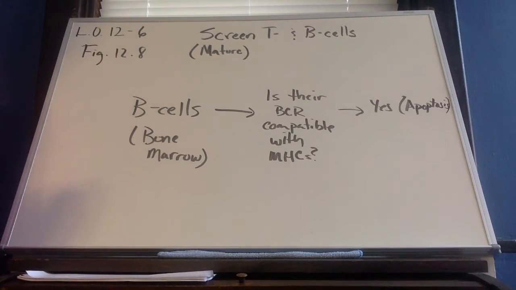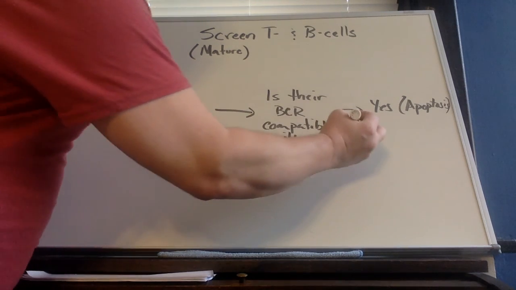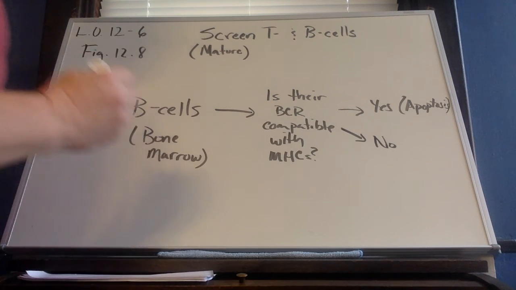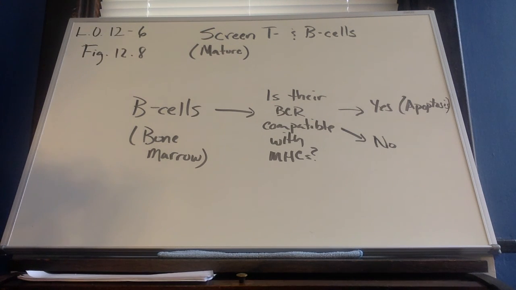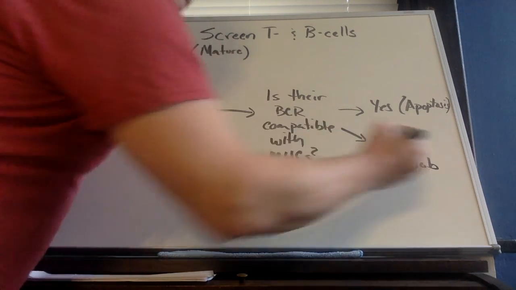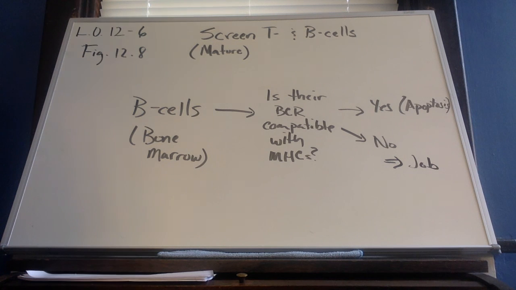Because otherwise, that B cell would label your cell, tag it with an antigen, and tell your body to get rid of it. And we don't want to get rid of our cells. However, if it cannot react with it, then that's good. That means it recognizes our self cells, it has self-tolerance, and we will send it on its way to do its job as part of the immune system.